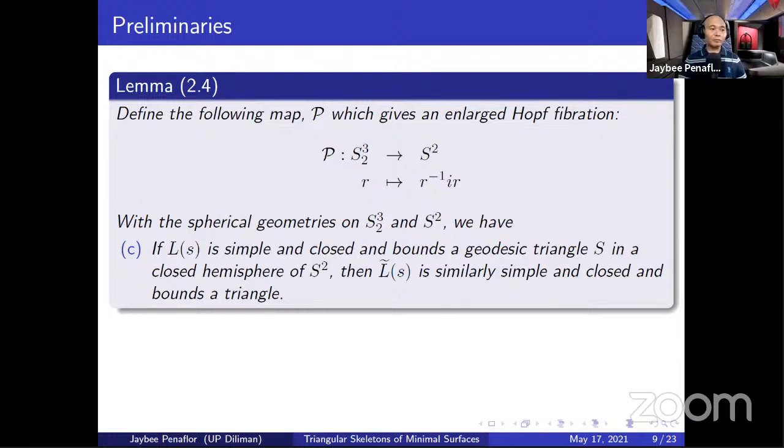So using lemma 2.4, we shall be creating our minimal surfaces. Lemma 2.4 gives us the construction procedure. But where do we get the original triangles from? Lemma 2.4 requires that we have some triangles to begin with, to lift the triangles in S32. Fortunately, we can look at the tessellations of the two-sphere.